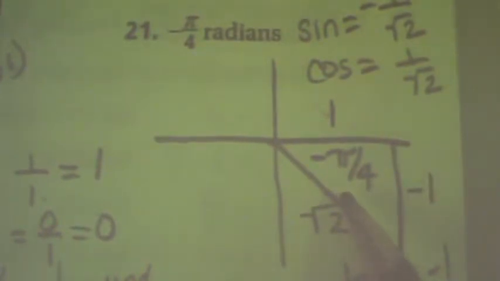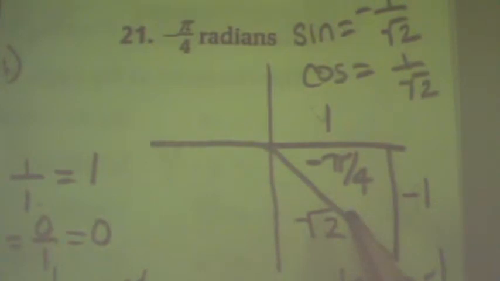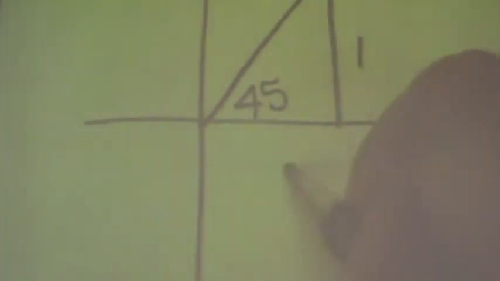Next one, 21. It says negative pi over 4. So we're going to go backwards 45 degrees. Remember I told you if it has a 4 in the bottom, think of 45. In a 45-degree triangle, you should automatically think of this triangle, the 45. In 45, our sides are 1, 1, root 2. But when it said negative 45, it says, hey, you're in quadrant 4.